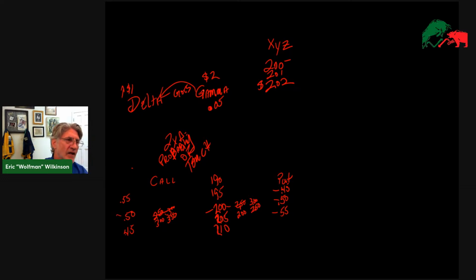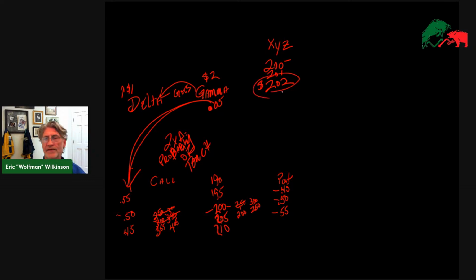So on the second dollar move, gamma goes with delta, right? We would then on the second dollar move see these prices move to $3.55, because it went 50 plus the 5 with the delta. So 55 at 405. So we would see on that second dollar move that those prices moved in conjunction.